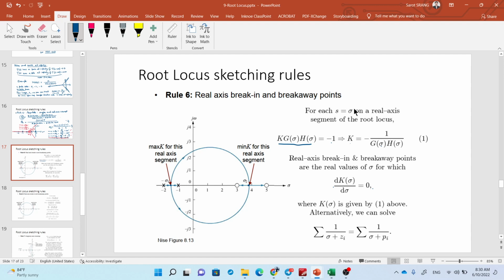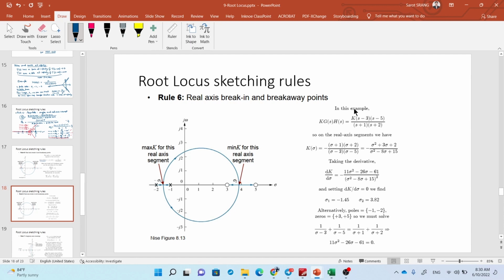But anyway, all the material here shows you how to find the exact parameters. This is just an example. If you want to find the exact break-away and break-in points, just follow this. It is just simple mathematics on a rational function.